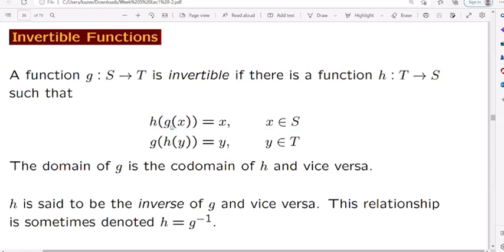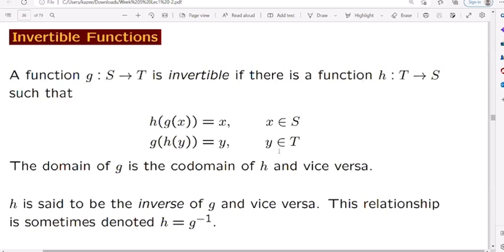So I just wanted you to take a look at that. What we're trying to say now is that h is the inverse of g, because g is mapping forward and h is mapping backward.